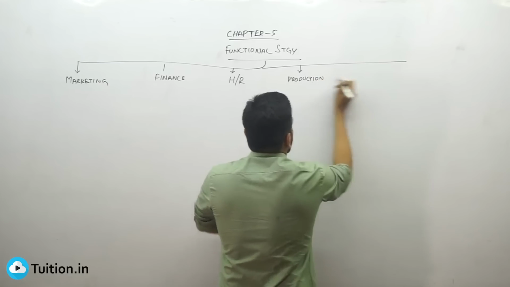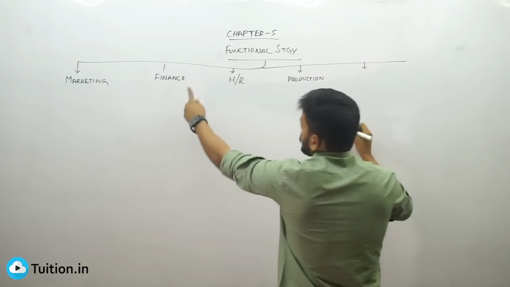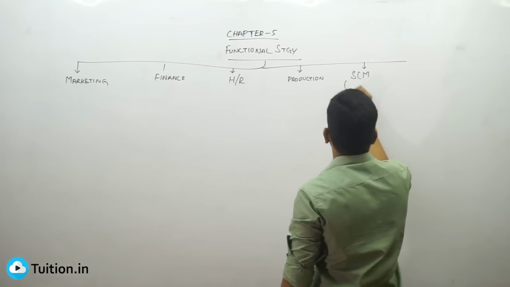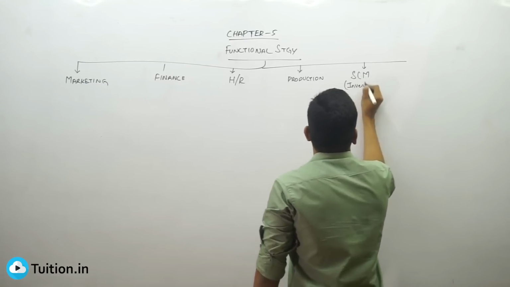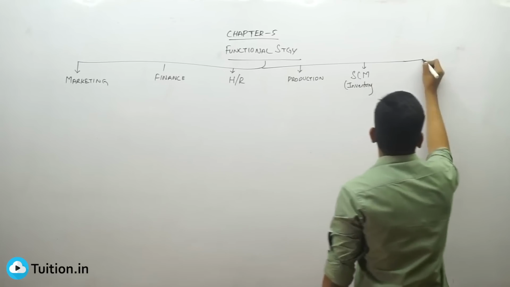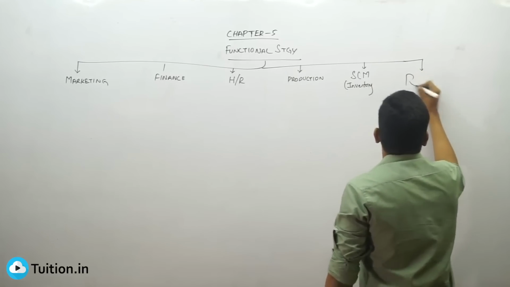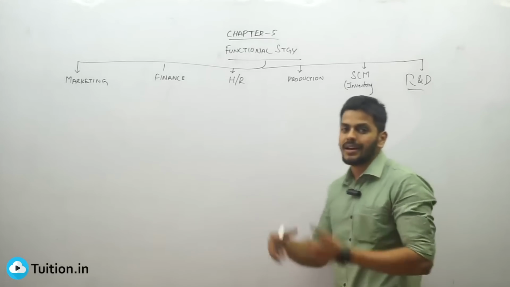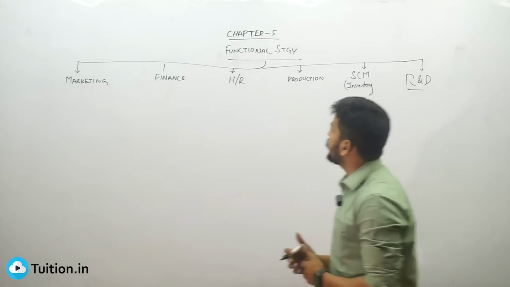Then you also have supply chain management, which is something to do with inventory. And then lastly, but the most important one is R&D. This is an optional one, because some people do it, some people don't.